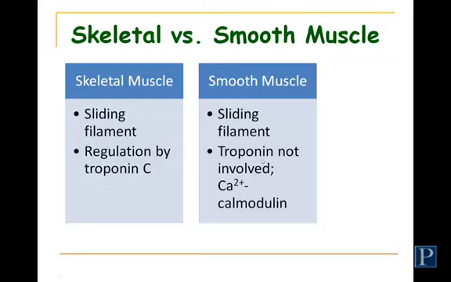Well, in smooth muscle, troponin is not involved. Troponin complex is not involved in the regulation. Troponin will not be our calcium binding site. It's calmodulin. So when calcium is available, it will work via calmodulin to end up regulating the contraction. So let's go through this. This one's a little bit different.